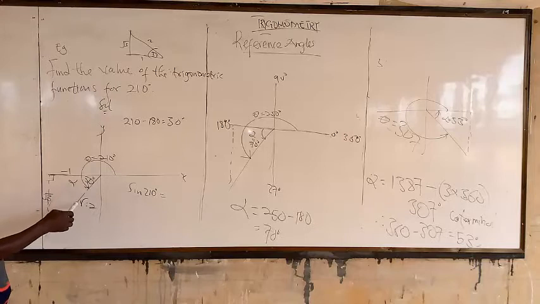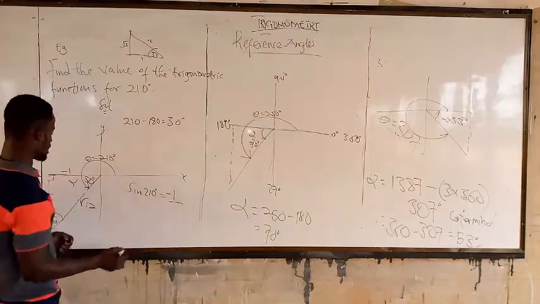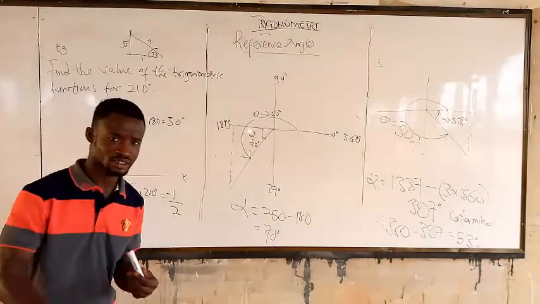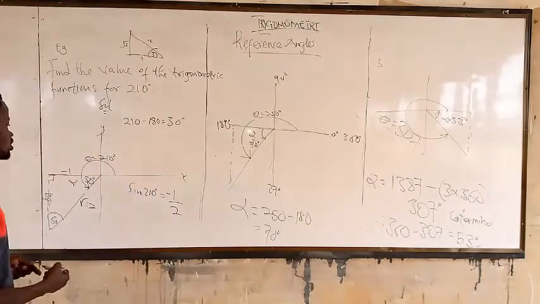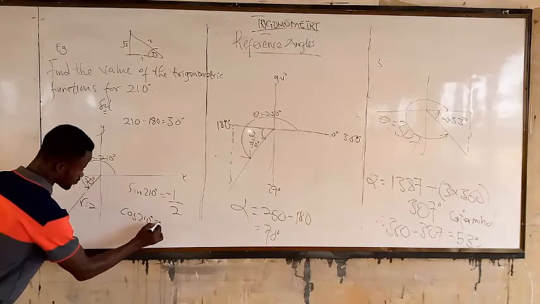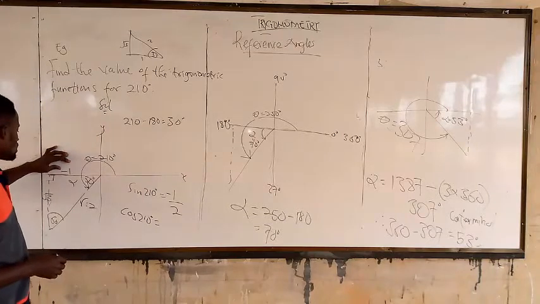So sine is what? Opposite over the hypotenuse. So the opposite is what? Negative 1, and the hypotenuse is what? 2. When you go for cos 210, cos 210 is also the adjacent over the what?